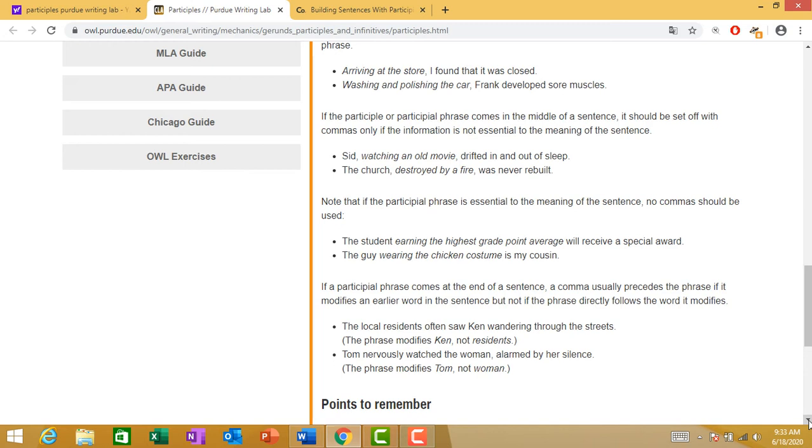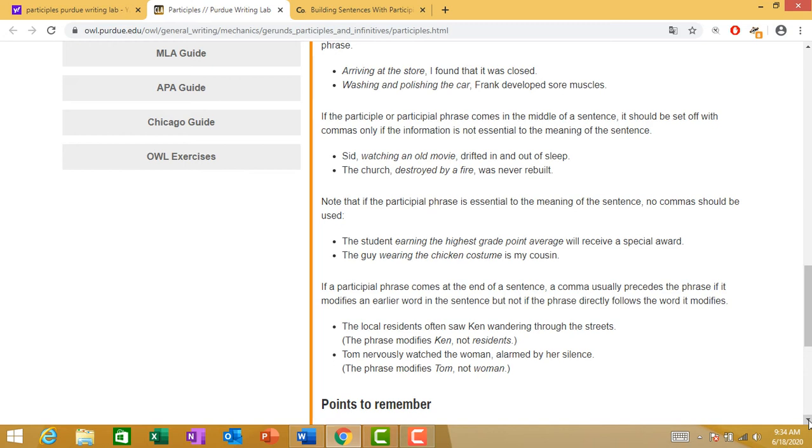If a participial phrase comes at the end of the sentence, the comma usually precedes the phrase if it modifies it. Let's look at that. Let's go back. If a participial phrase comes at the end of a sentence, a comma usually precedes the phrase if it modifies an earlier word in the sentence, but not if the phrase directly follows the word it modifies.